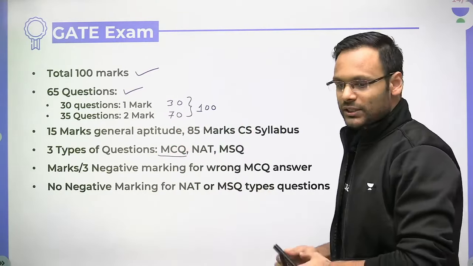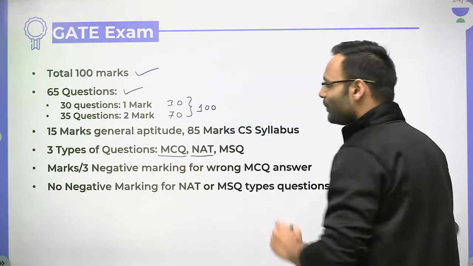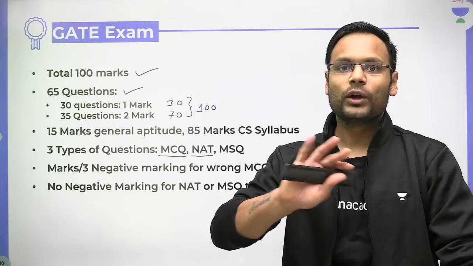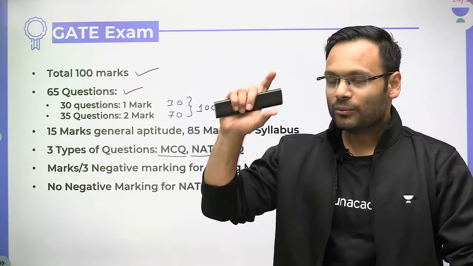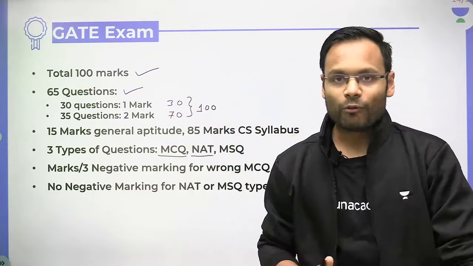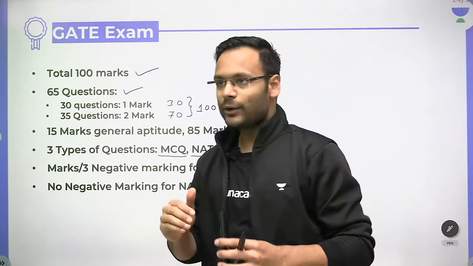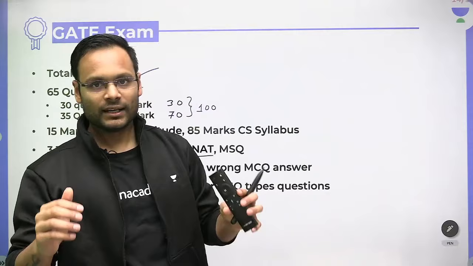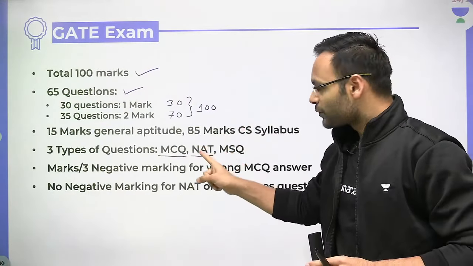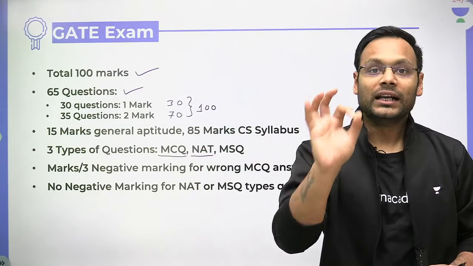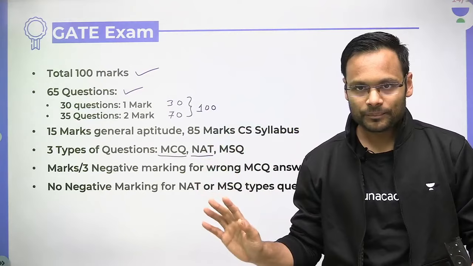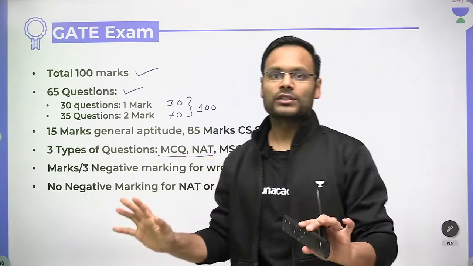Then the second type of question is NAT. NAT means numerical answer type questions. These are questions where no option will be given to you. A numerical question will be given, and its answer will be a value. The value can be an integer, like 5, 10, 1, 0, 6, 14, or the answer may be a real value, like 16.5, 16.6, 2.15 also possible.